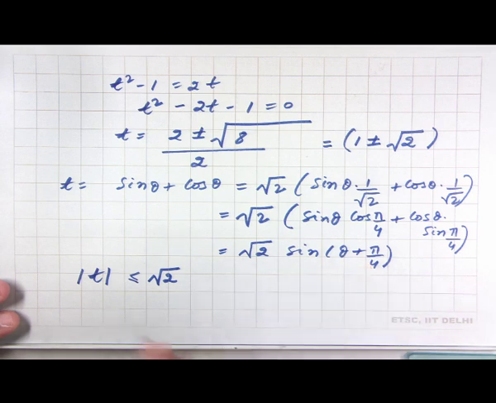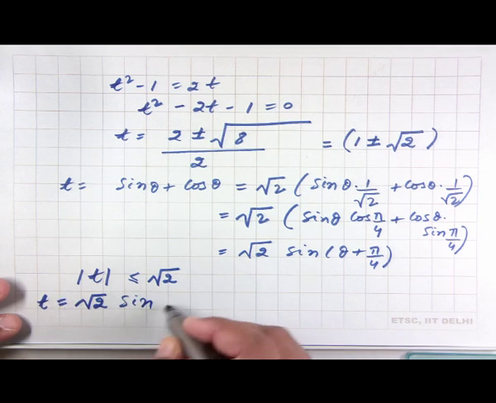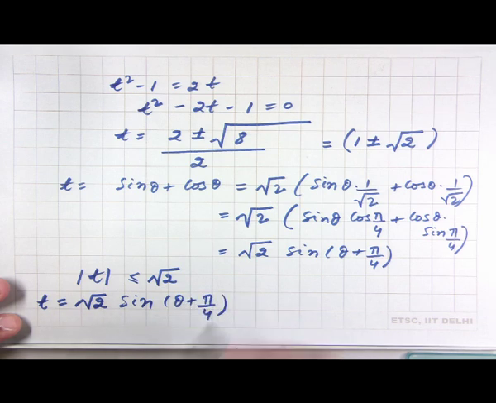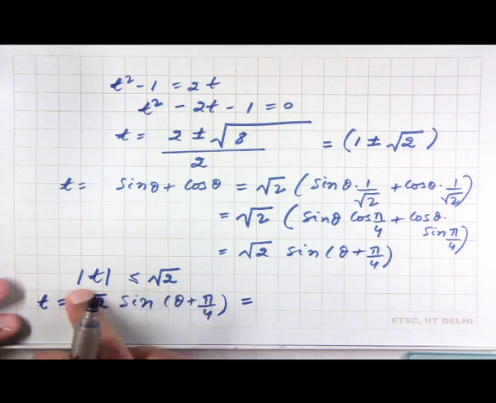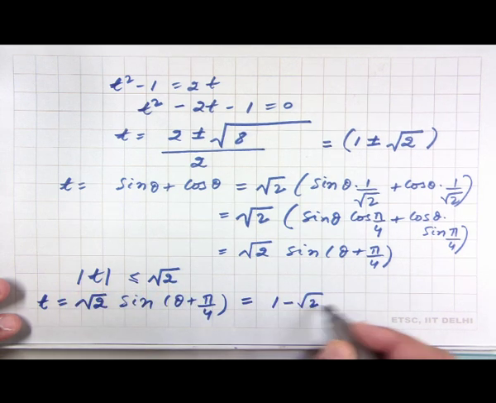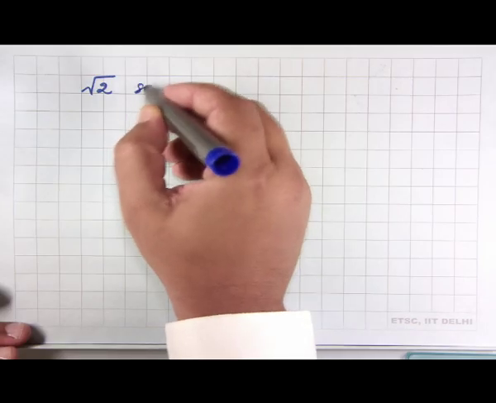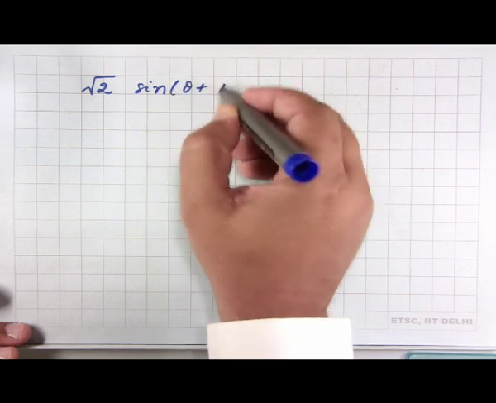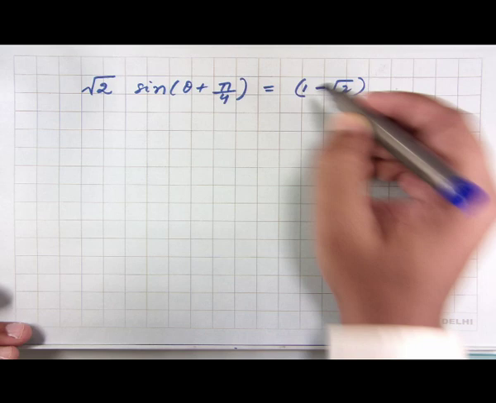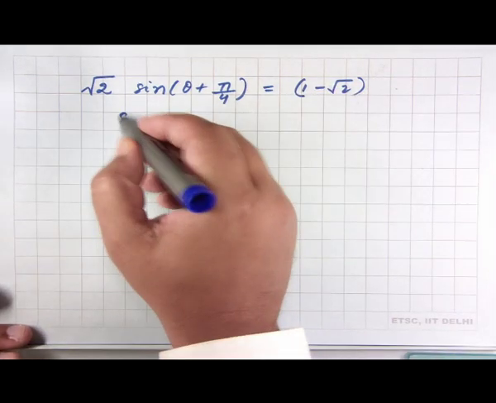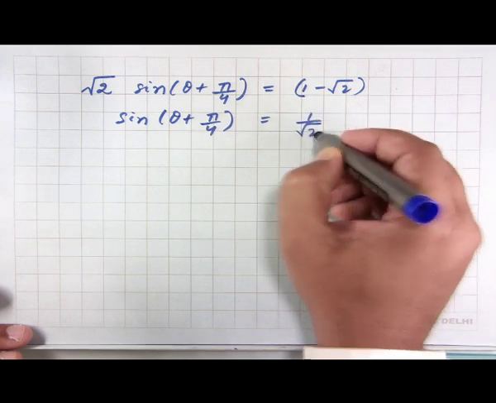So, ultimately we end up with root 2 into sine of theta plus pi by 4 equals 1 minus square root of 2, which implies that sine of theta plus pi by 4 equals 1 over root 2 minus 1.